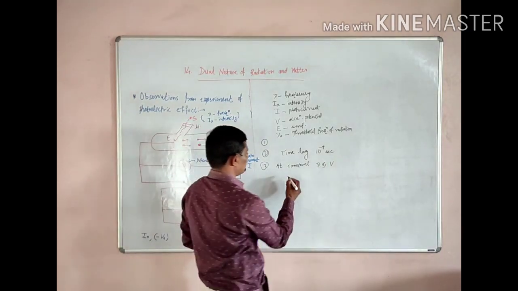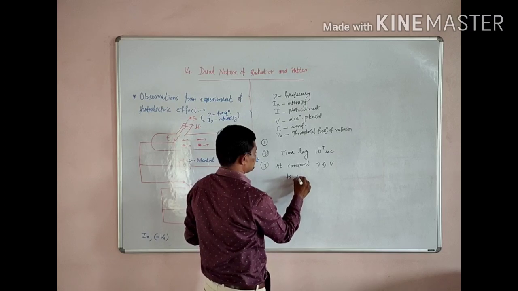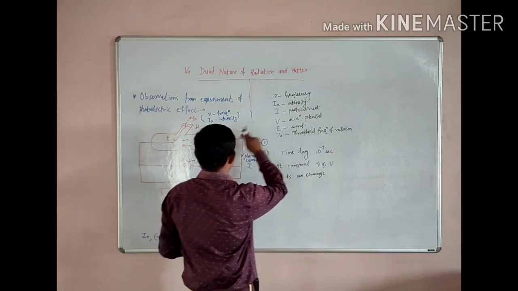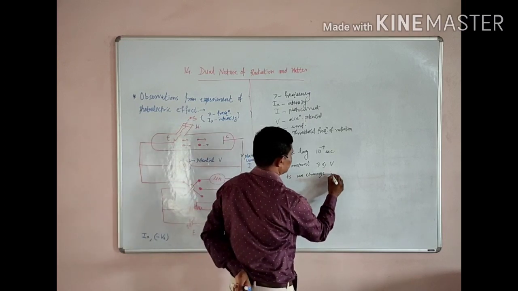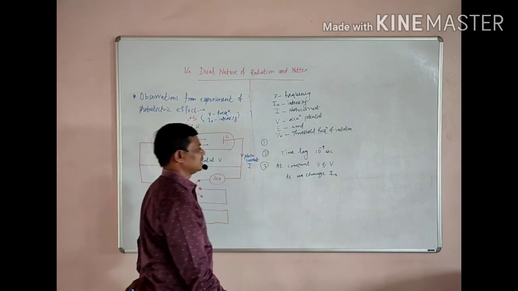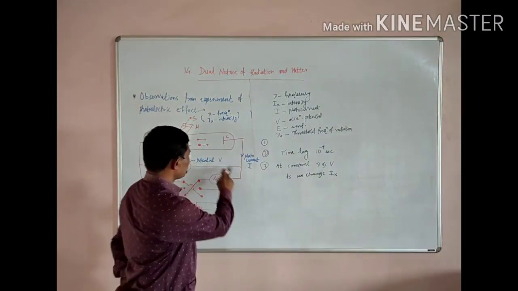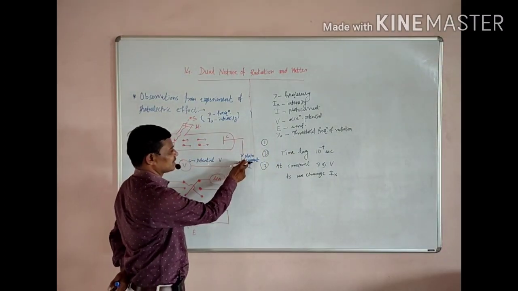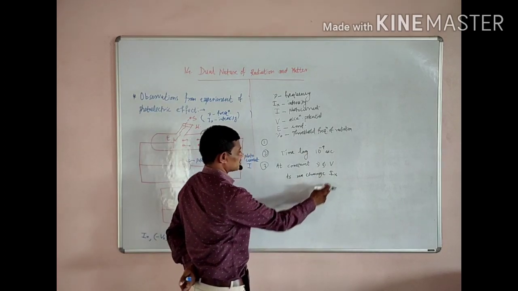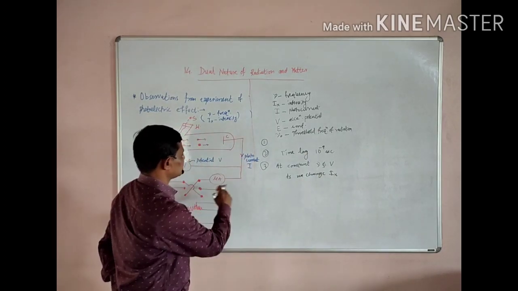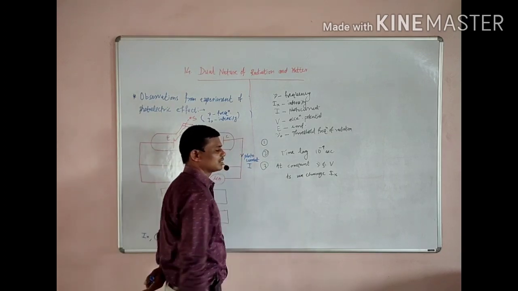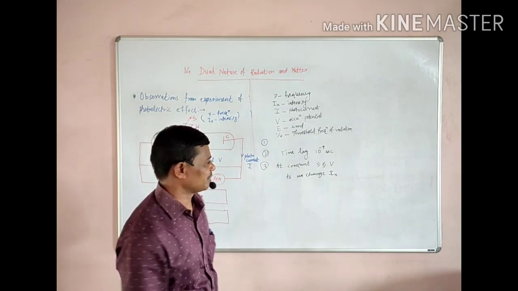Then as we change the intensity Ix of incident radiation, we observe that the photoelectric current also changes. As we increase the intensity of incident radiation, the photocurrent goes on increasing. That means there is a linear relation between them.